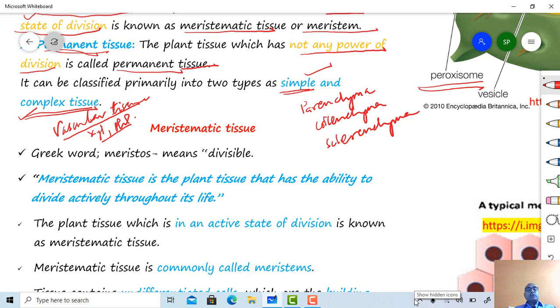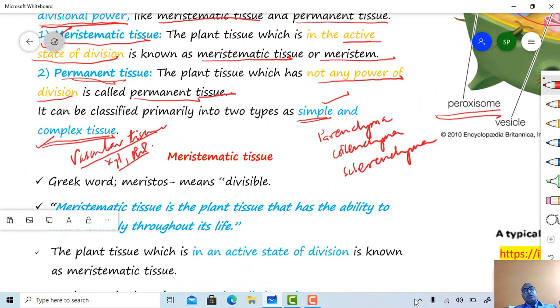Okay, so going into detail about permanent tissue, let me first say about the meristematic tissue. The important thing about meristematic tissue is that these tissues remain in an active state of division throughout their life.